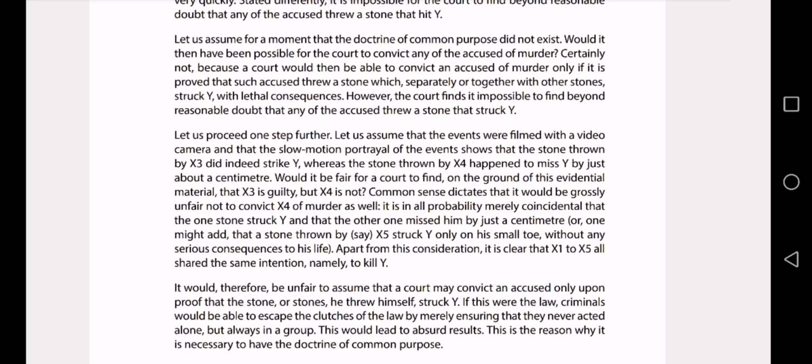Certainly not, because a court would then be able to convict an accused only if it is proven that the accused threw a stone which, separately or together with other stones, struck Y with lethal consequences. However, the court finds it impossible to find beyond reasonable doubt that any of the accused threw a stone that struck Y.